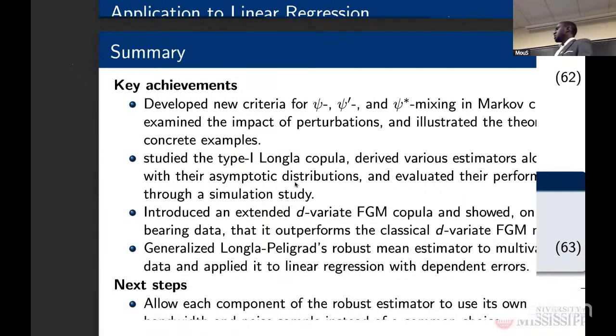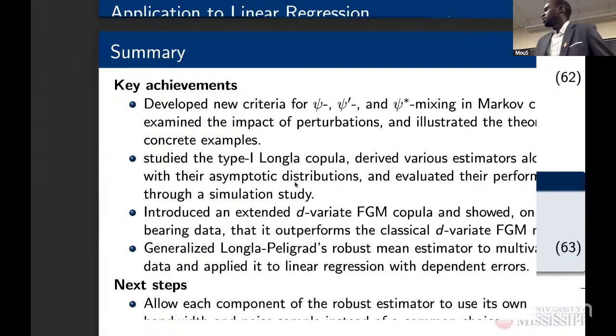We studied the type 1 Long-La copula, derived various estimators along with their asymptotic distributions, and evaluated their performance through a simulation study. We introduced an extended bivariate FGM copula and showed on the bearing data that it outperforms the classical bivariate FGM copula. And we generalized Long-La-Pelligrad's robust mean estimator to multivariate data.